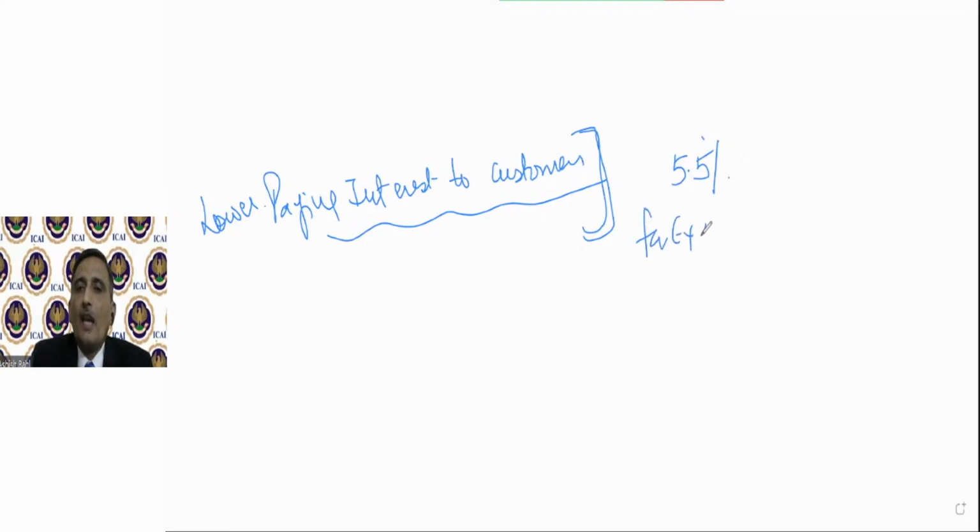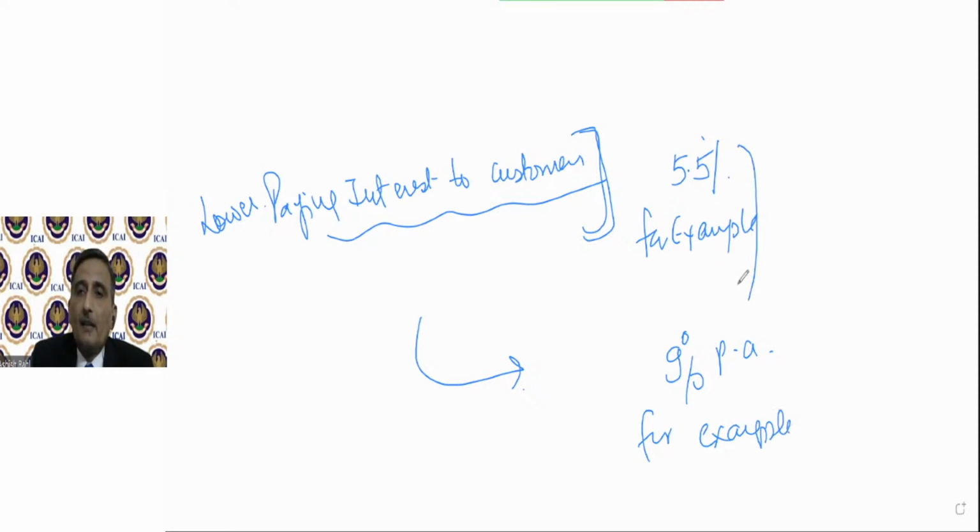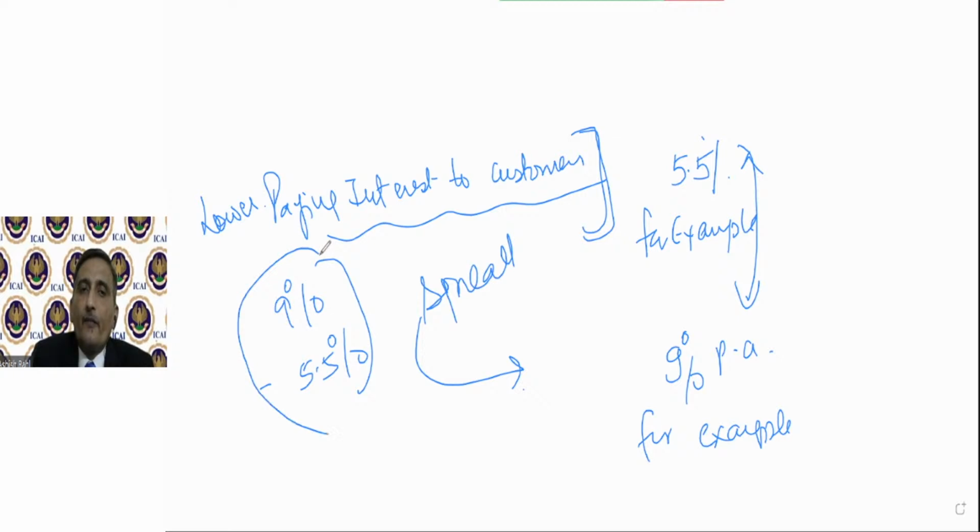But from the trade, industry or the people to whom the bank has lent money, the bank is charging an average rate of interest of say 9% per annum. So this spread, this difference between 9% and 5.5%, is where the profit of the bank comes from.